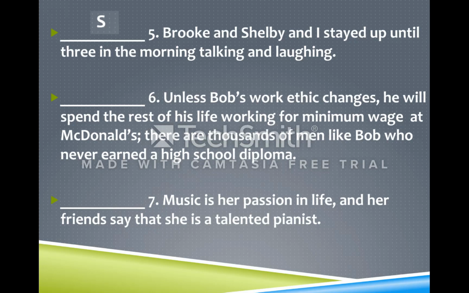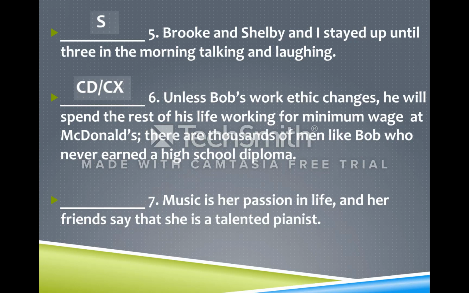The second one, he will spend the rest of his life working for minimum wage at McDonald's, is independent. The third one, there are thousands of men like Bob, is independent. And the final one, who never earned a high school diploma, is a dependent clause. So here we have 2 independent clauses joined by a semicolon, and then 2 dependent clauses. Therefore, this one is a perfect example of a compound complex sentence.